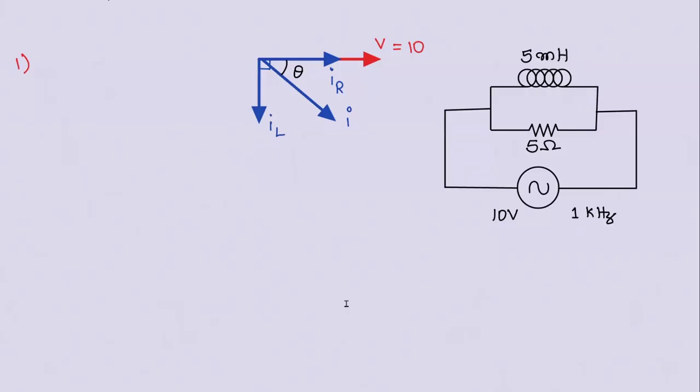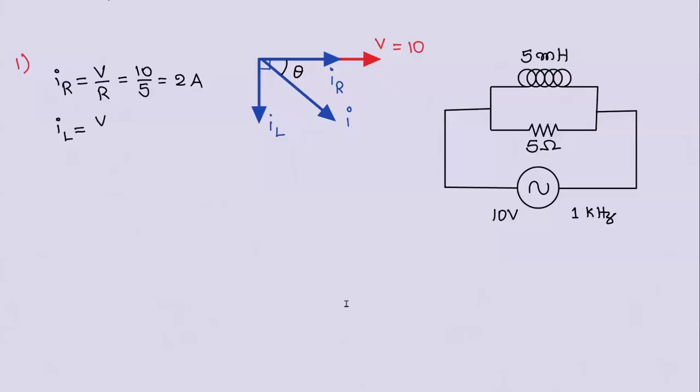Let us continue. So first of all, IR. IR is equal to V by R. V is 10, R is 5. So it will be 2 ampere. Good. Then what next? IL.